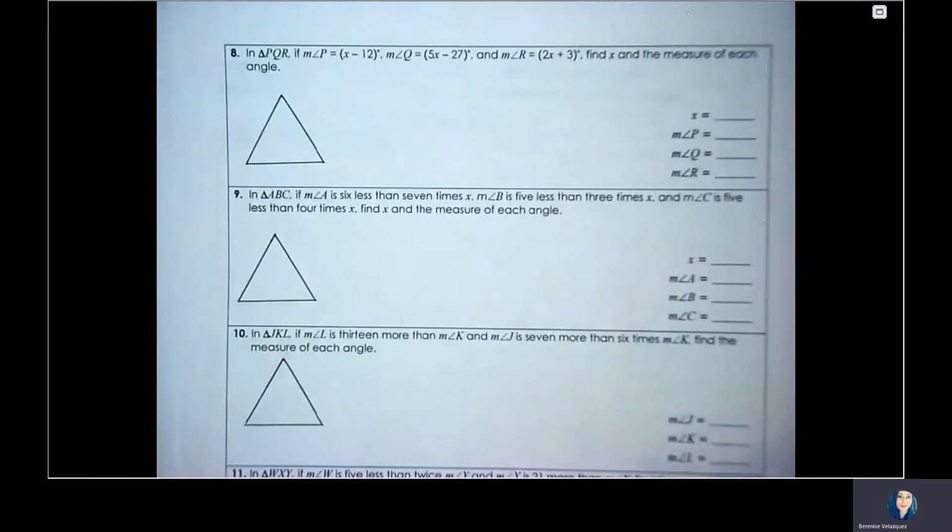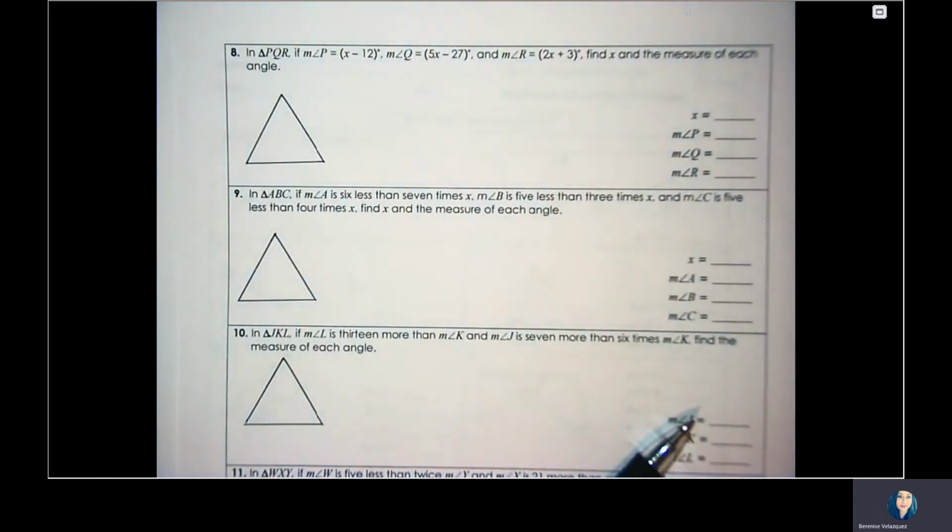Okay, so I drew my triangles in. Most of them, I picked it up in the end on that one. Okay, so I have my triangles there, and we're going to begin.